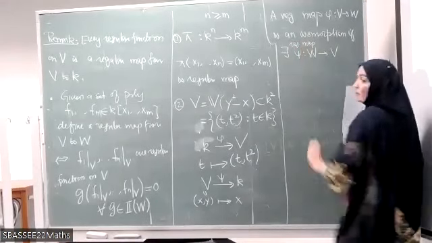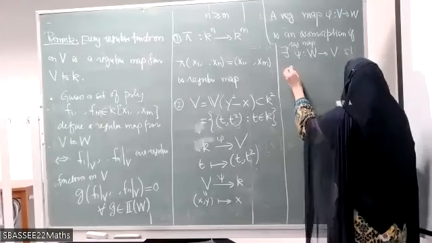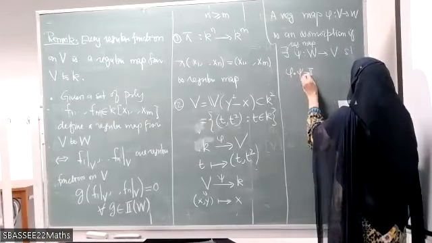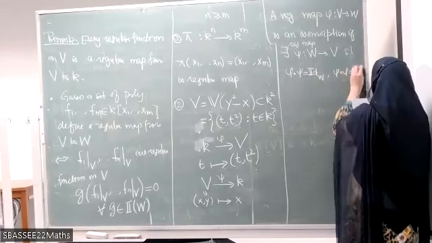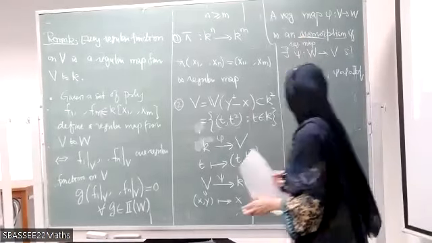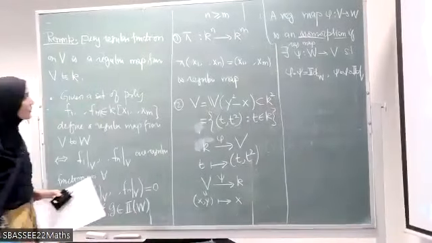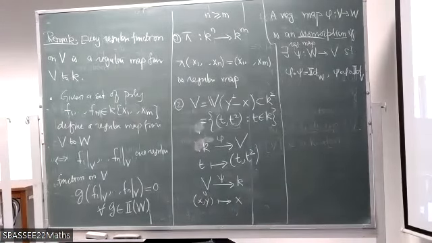If it is not regular, then definitely it's not an isomorphism. Such that it satisfies this condition. If you compose this one, you will get the identity on W. And if you compose in the other way, then definitely I get the identity on V. Right? Okay, is there any question? Okay, if you have any question, please let me know.